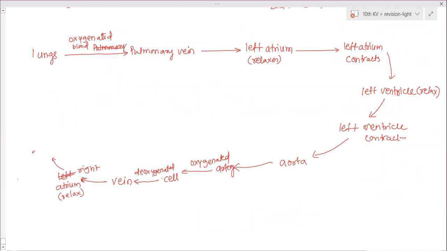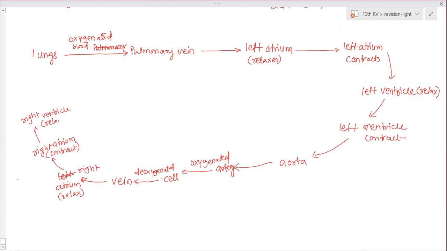Then the right atrium contracts, so the right atrium pours into the right ventricle, which is relaxed at that time.